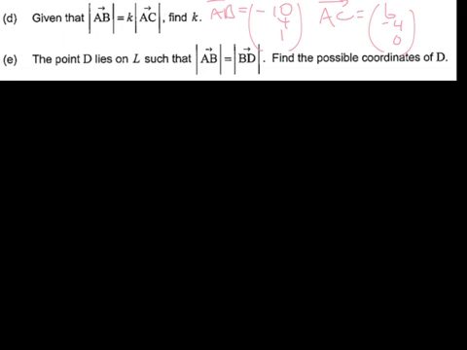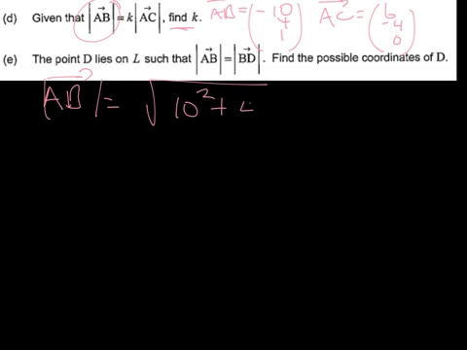For part D, we are told that the magnitude of AB is some constant k multiplied by the magnitude of AC, and we're asked to find k. Fortunately, we've already found AB from earlier in the question, so we can find the magnitude of AB, which is the square root of 10 squared plus 4 squared plus 1 squared, which gives us root 117.